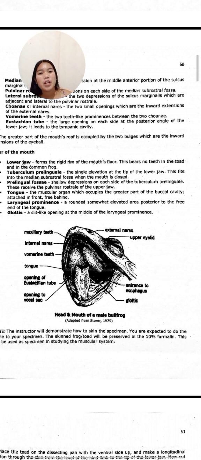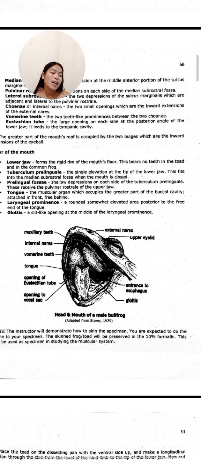Eustachian tube. Eustachian tube is the large opening on each side at the posterior angle of the lower jaw. It leads to the tympanic cavity. So, close to the angles of the jaw are two openings on each side.